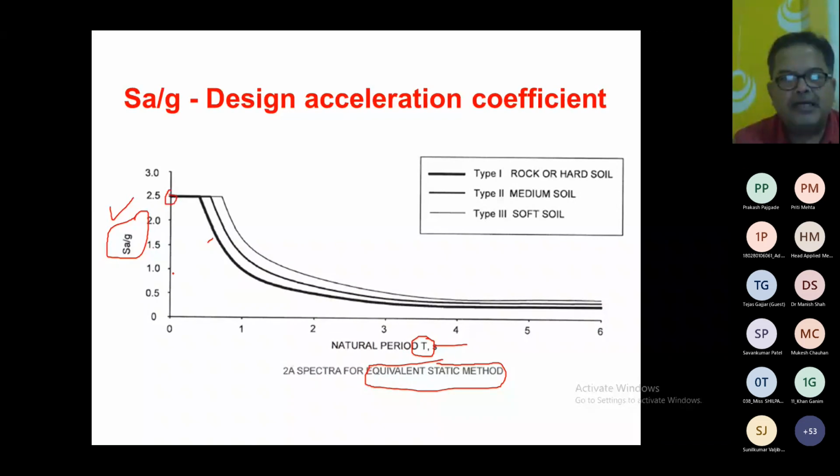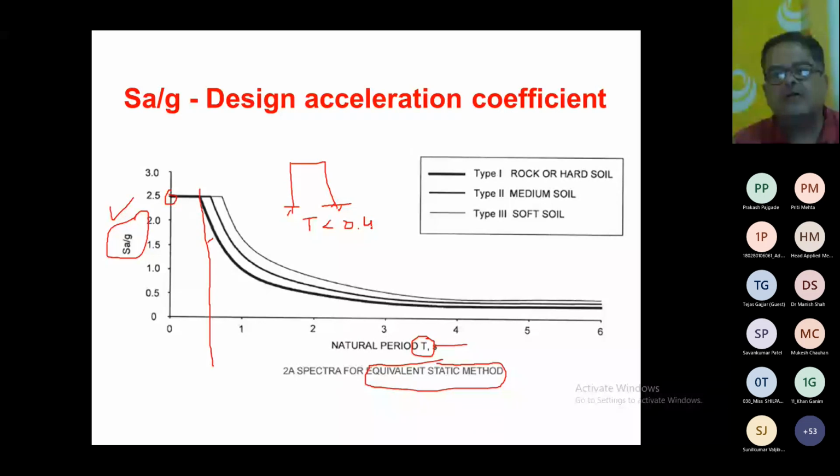If your structure falls in this category, and the natural period of the structure is less than 0.4 second, then the structure will experience 2.5 times acceleration.